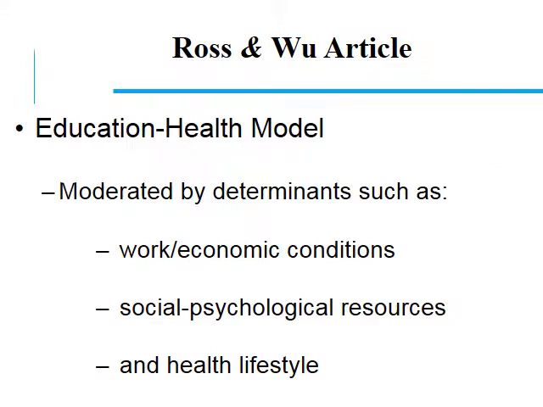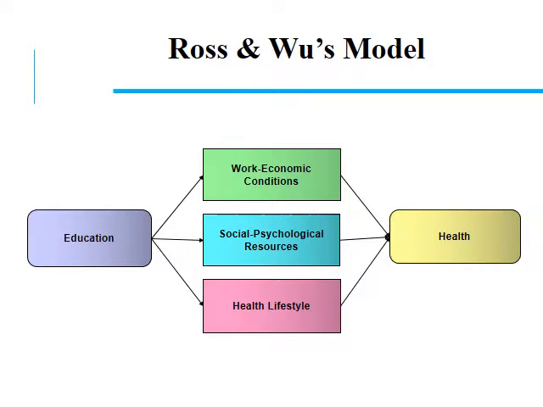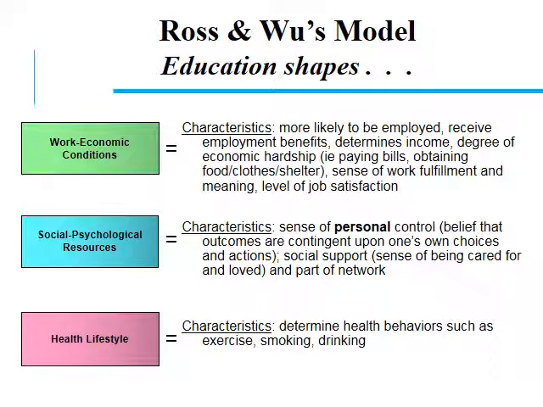All right, let's move and see what Ross and Wu say in their pathway. Their pathway connects education and health. And they say work economic conditions, psychosocial resources, and health lifestyle are all influenced by education. And what do they mean by their moderating factors?